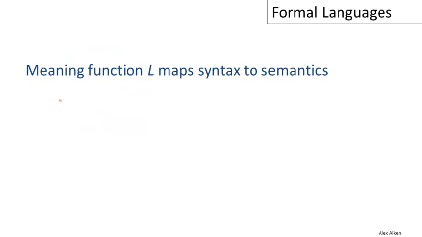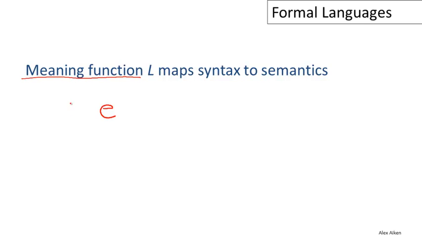Another important concept for many formal languages is a meaning function. Typically, we have one of the strings in our language, and let's call that some expression E. The expression E by itself is just a piece of syntax. It's a program in some sense, or it represents something else, which is the thing we're actually interested in.